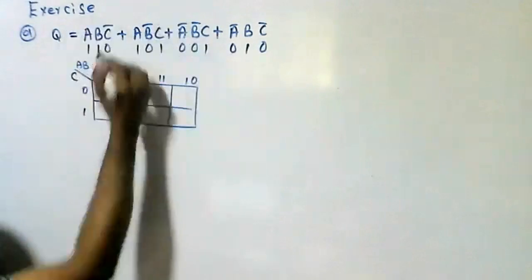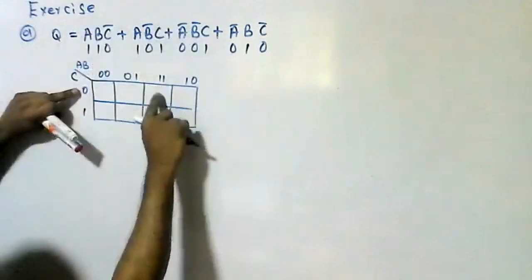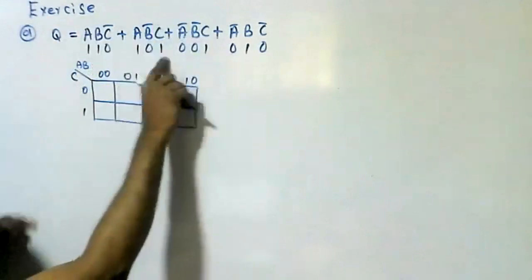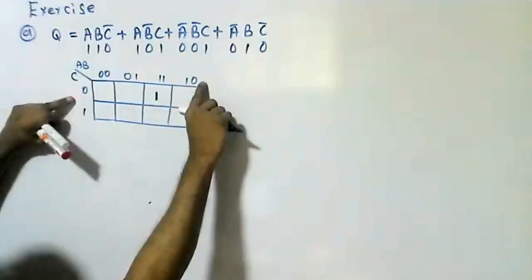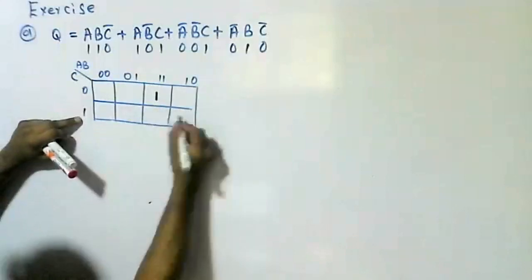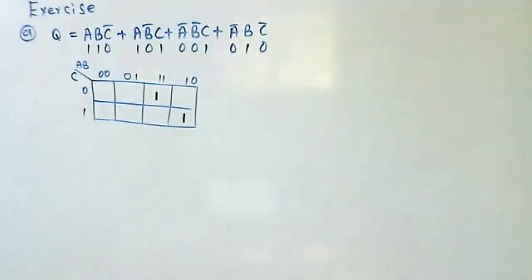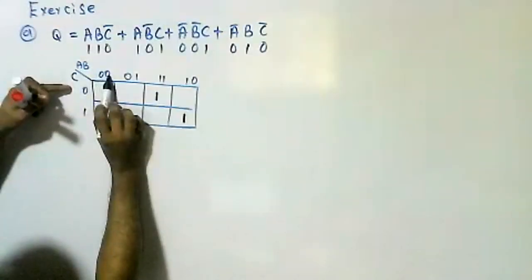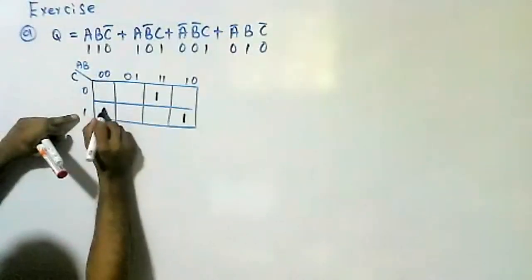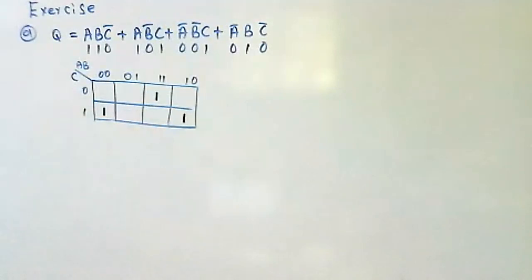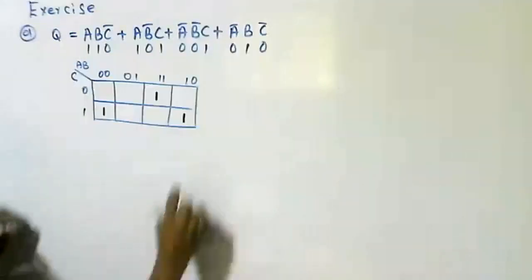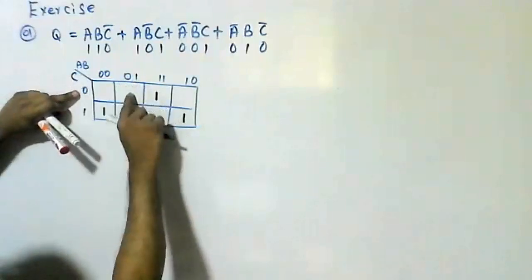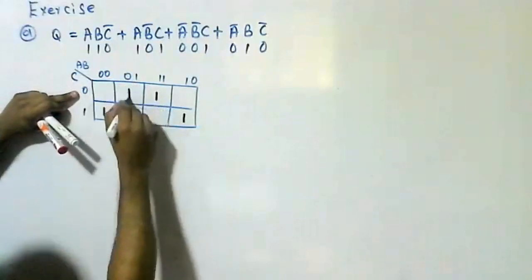So 1, 1, 0 meets here. 1, 0, 0, 1 comes here. 0, 0, 1. And 0, 1, 0 comes here.